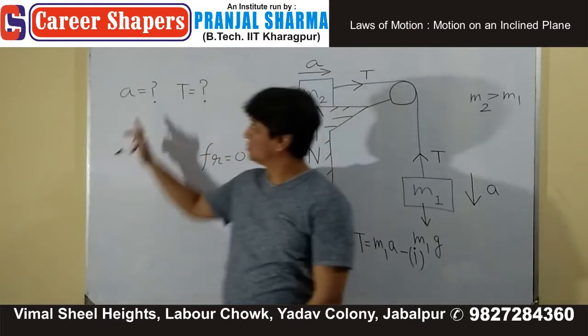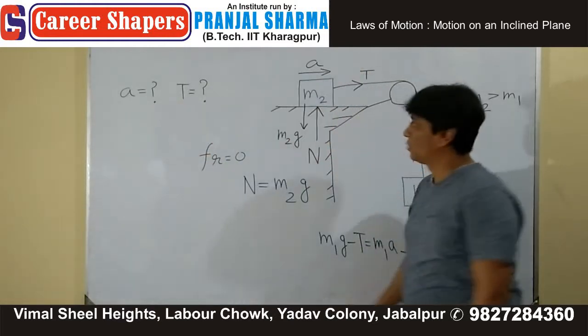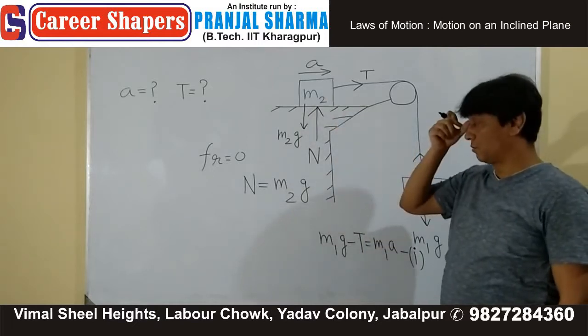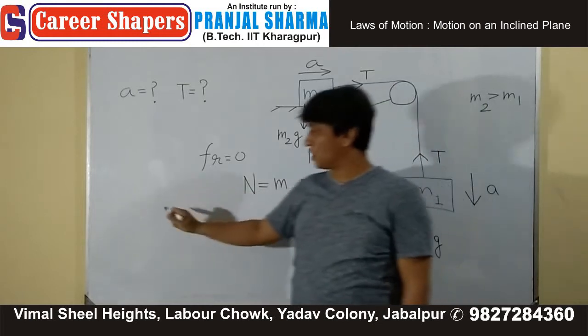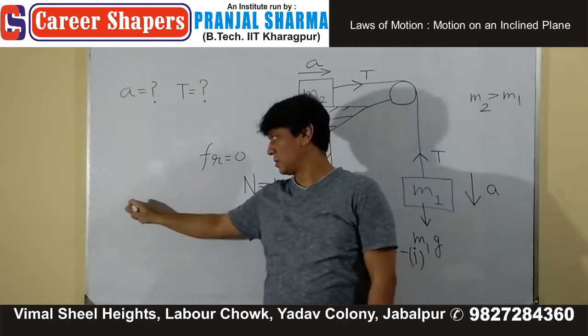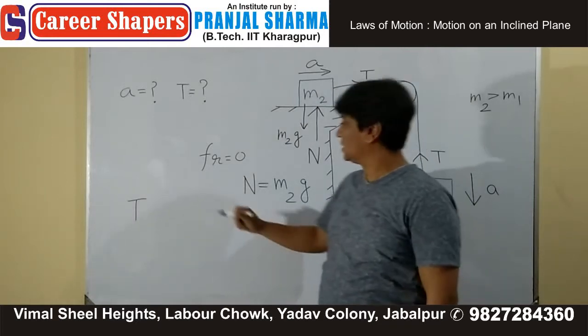There are two unknowns and therefore you need two equations. Second equation, you will write it for m2. Now, for m2, which one is correct?